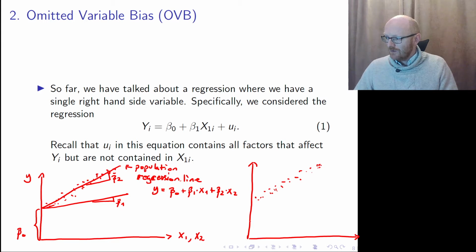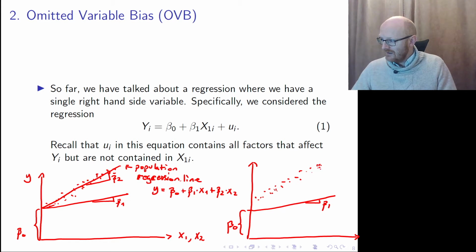But if you only include the beta naught and the x1 variable, then you would have these residuals.